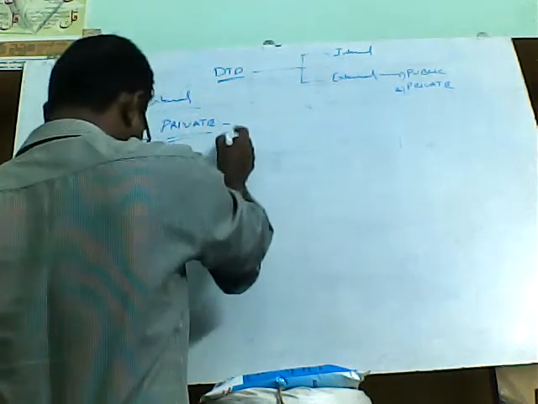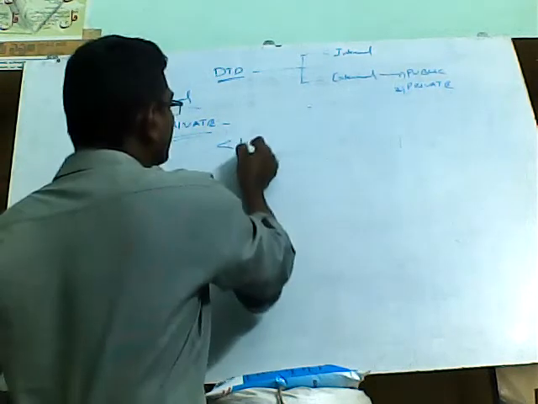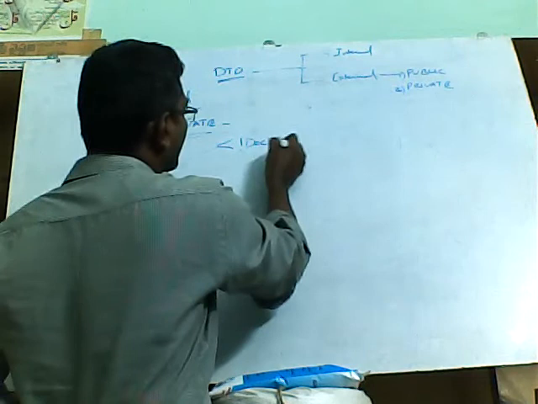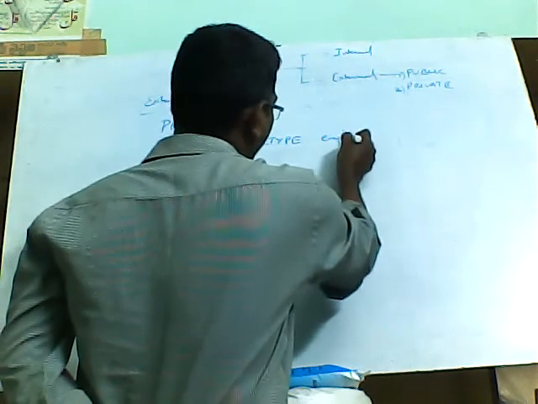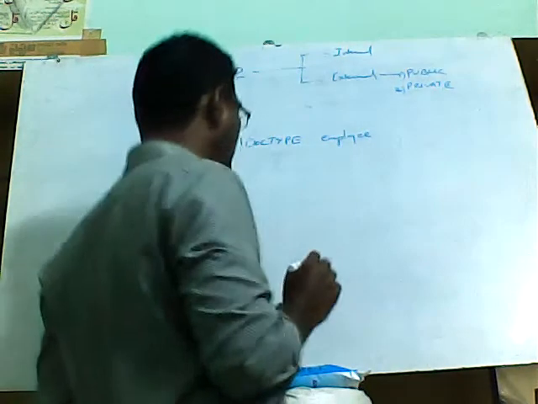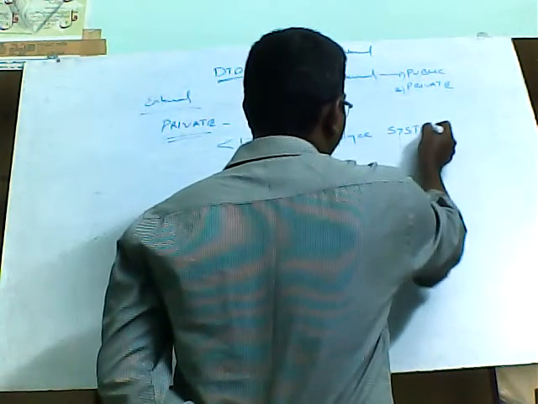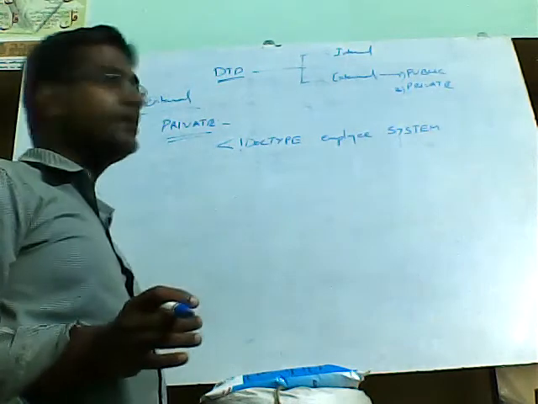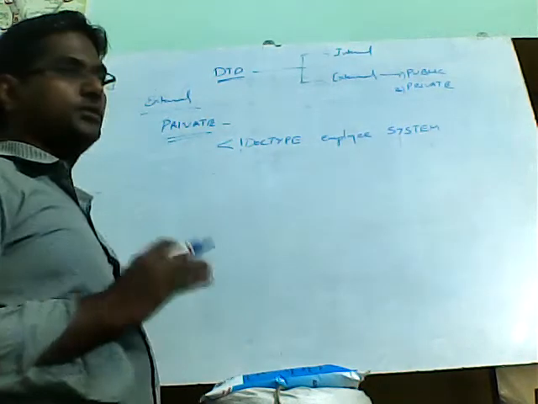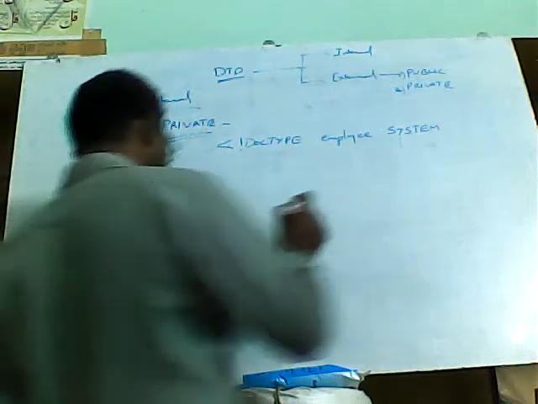How do we write it? In the doc type, the same doc type element only we will use. So doctype followed by the root element. Suppose employee is the root element. After this employee, what we need to write for the private DTD is SYSTEM. Public DTD and private DTD: for the private DTD, we have to write the word SYSTEM.